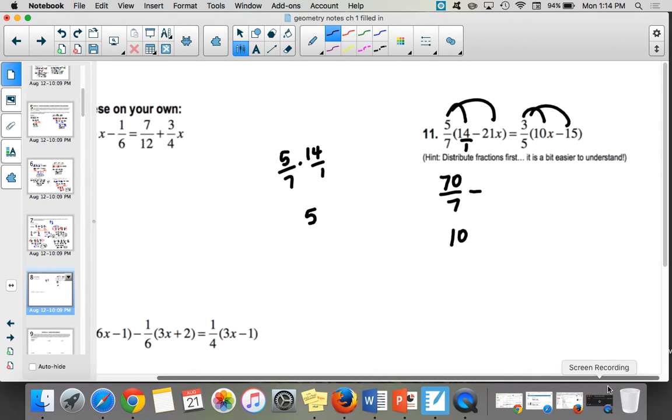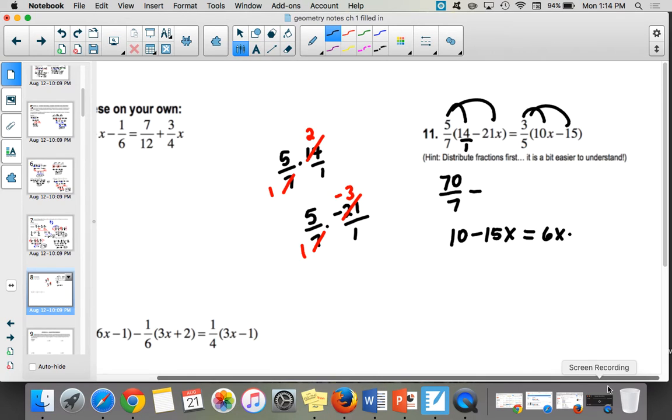Minus, then I get 5 over 7 times negative 21 over 1. See how I could have just reduced out and made that 2 over 1 and I would have gotten my 10? What could I do here? So this would be negative 3 and 1, right? So don't I just get minus 15x? Does that make sense? And then over here, what's that going to be? 30 over 5.